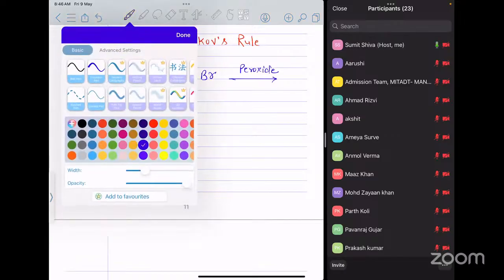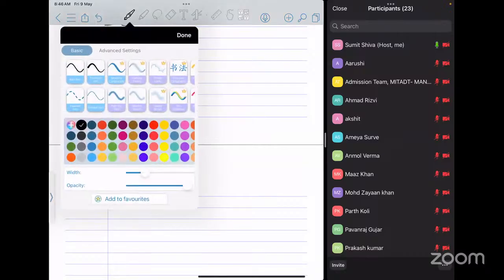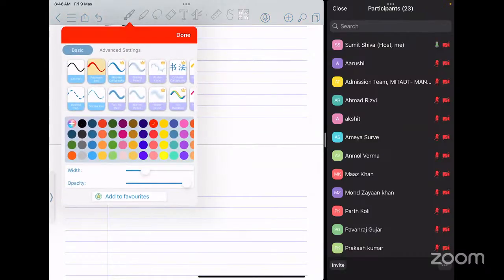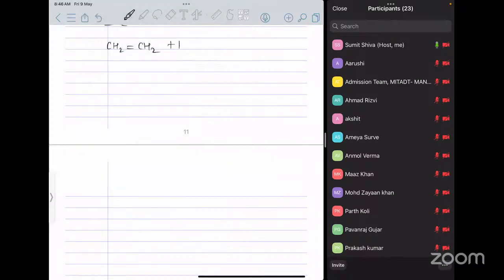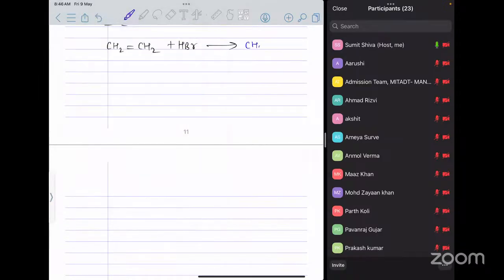Let's understand with an example. If we have CH2 double bond CH2, this is again symmetric, so there is no problem whether you have peroxide or not. The output will be the same, CH3 CH2Br.